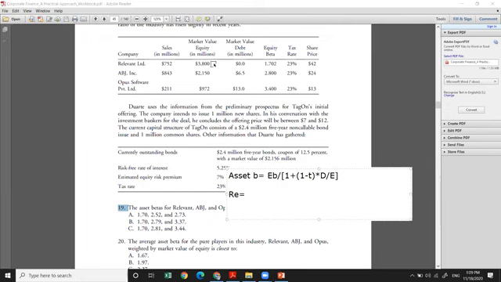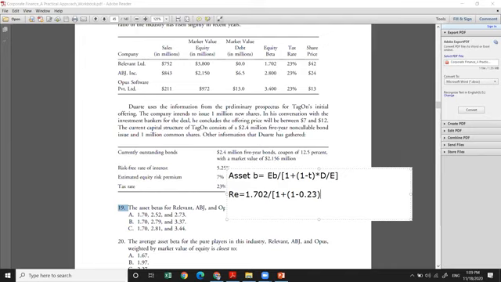Everything is provided, the equity betas are here. 1.702 divided by 1 plus 1 minus, and the tax rate is 23%.